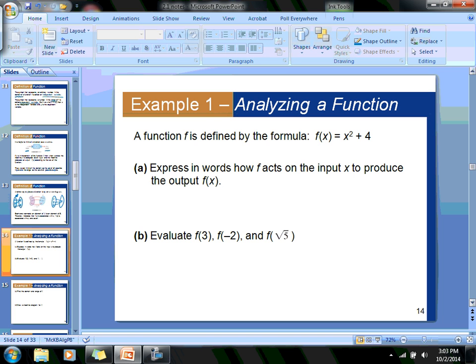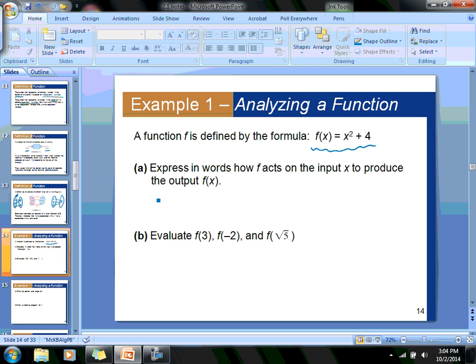So for example 1, we're just going to talk about some generalness of our function here. We have a function f of x equals x squared plus 4. There's our function. And part A says to express this in words. So basically what this function is doing is it's taking the input, squaring it, and adding 4.